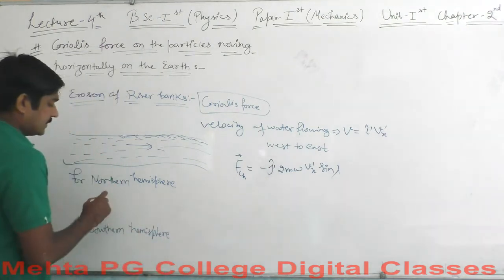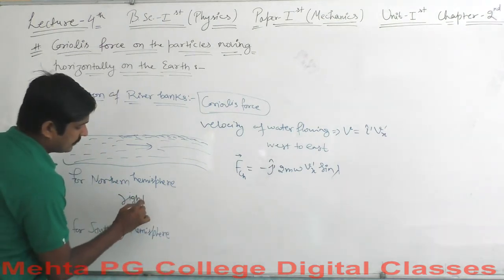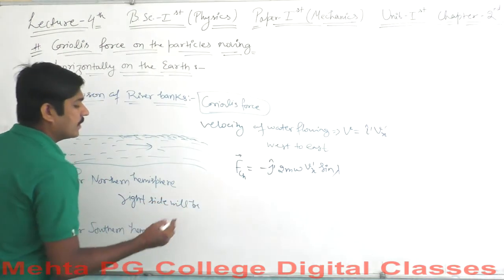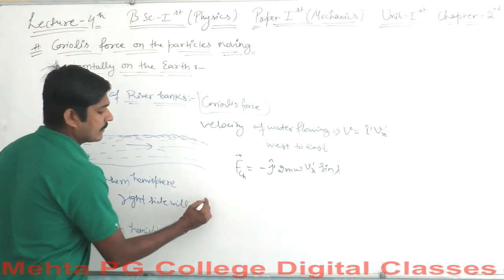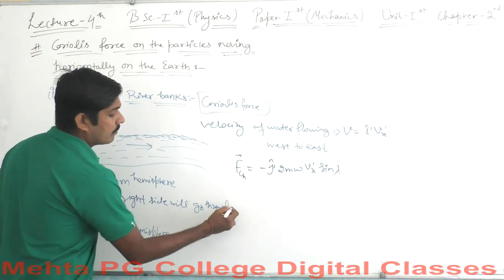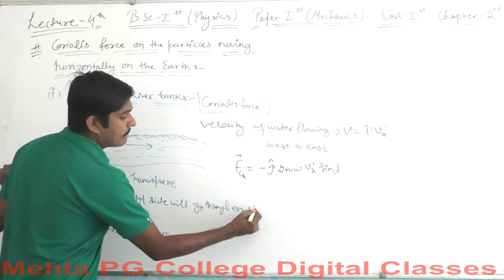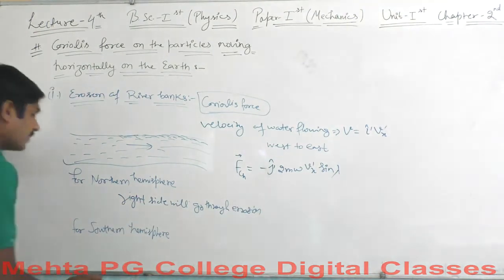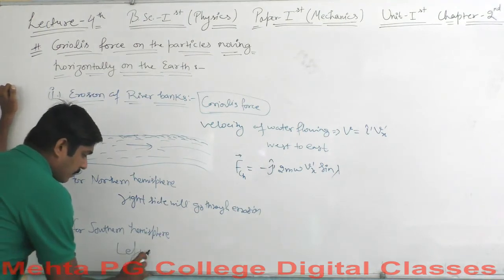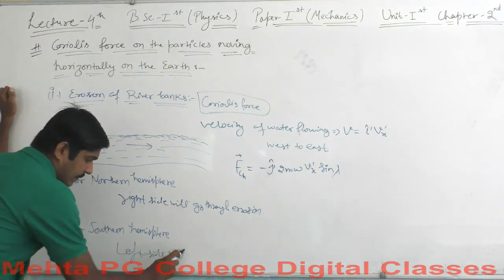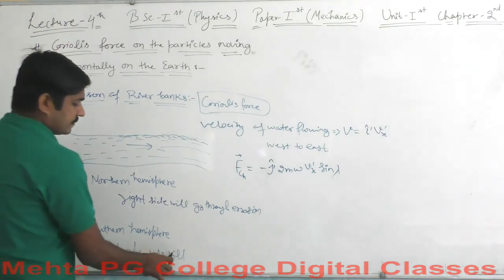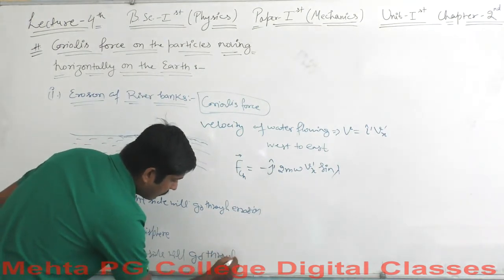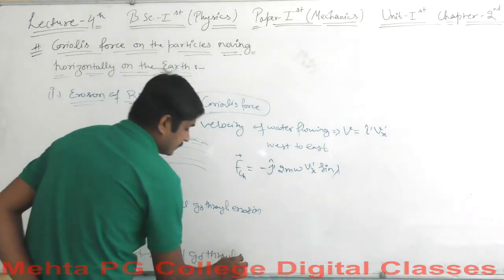So the right side will go through erosion, and for the southern hemisphere, the left side will go through erosion.